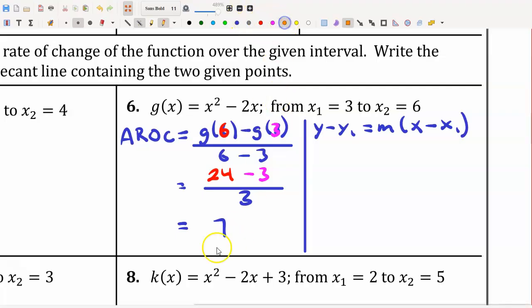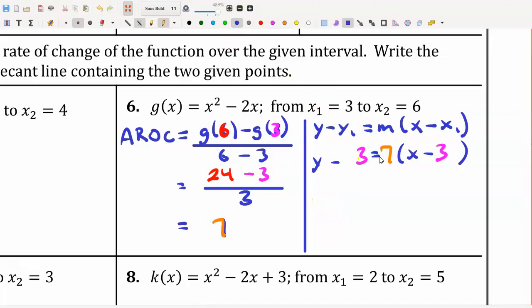So right here for our slope, we'll use 7, and then you can use any coordinate, either coordinate I should say. Right, we have 2 of them, so you get to pick. So here we can use either 6, 24, that's one coordinate, or 3, 3. So just to keep numbers smaller, we'll use 3, 3. And put my equal sign in, and there we go.